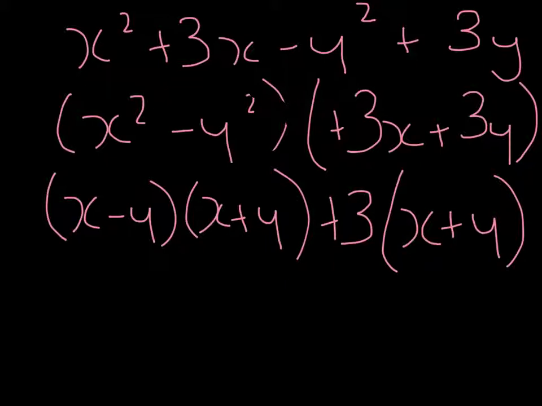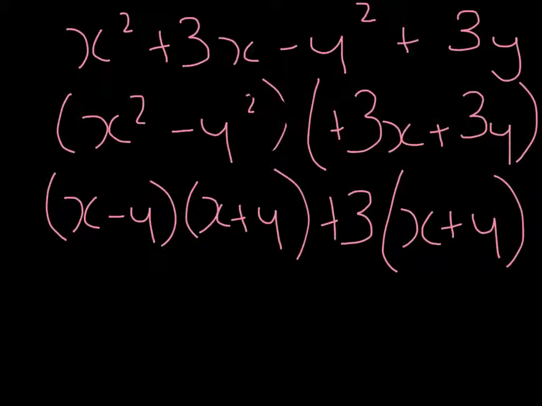All right, what can we see now? A little bit of stuff to do yet. We've got two factors here, and we've got some factors here. Can you see something common in this pair of brackets and in this expression here? Yes, you can, the x plus y and the x plus y.